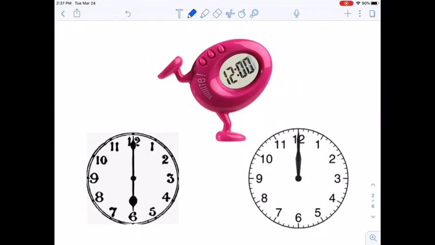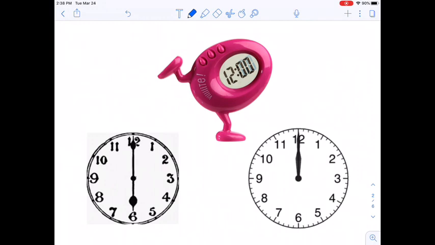Let's do another one. Here we have this digital clock that shows 12 o'clock. Which of the analog clocks do you think shows 12 o'clock? Remember, for it to be 12 o'clock, the shorthand needs to be pointing at the 12. And then we see that 0 minutes have passed since the hour started.